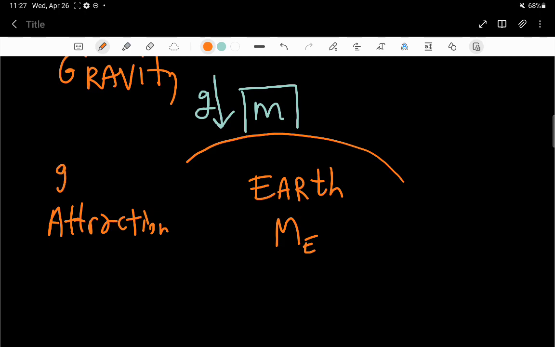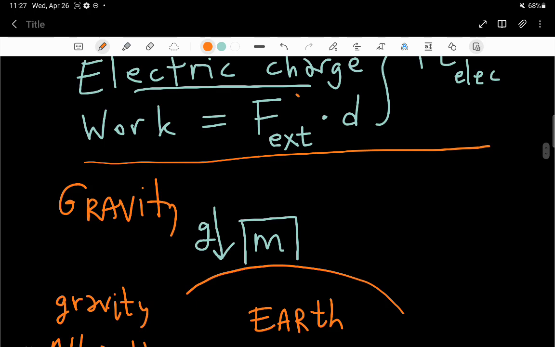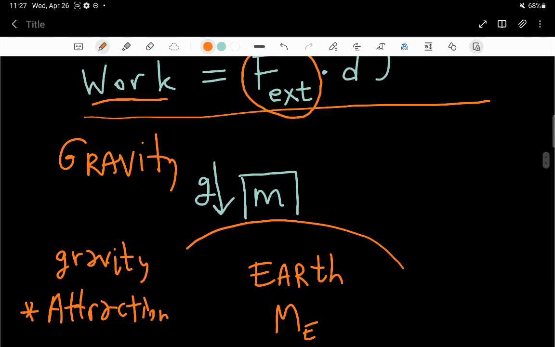And this is because the gravitational interaction is happening. It's attractive. So remember that I described some sort of external agent that's going to be able to do work. So this is work done by some external agent. That external agent, in my gravity picture, is a person.